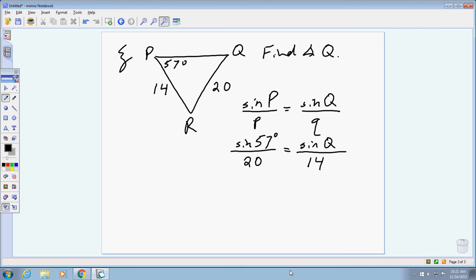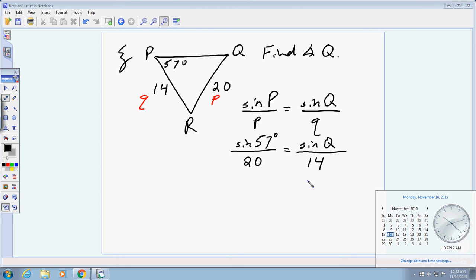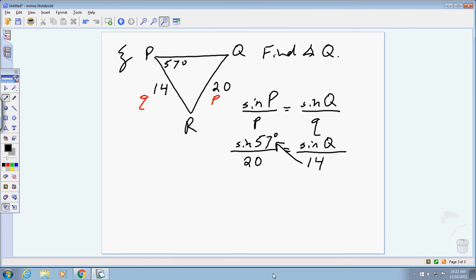I could have labeled the triangle for you guys. Little q, little p. You guys should be doing that automatically anyways. So now, our sine q's on top, right where we want it. So what do I got to do with that 14? Just multiply it up, just like the last question, only this time it's not a trig ratio you're multiplying up, it's this one.